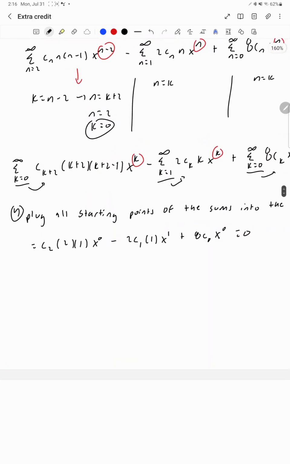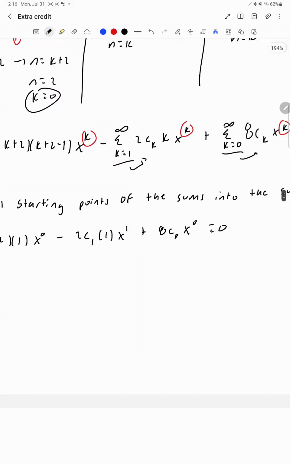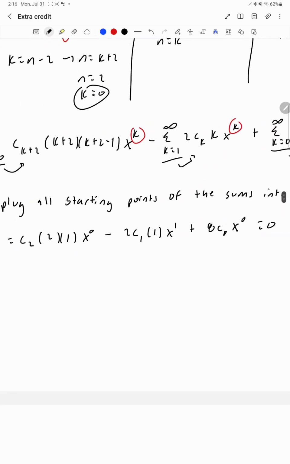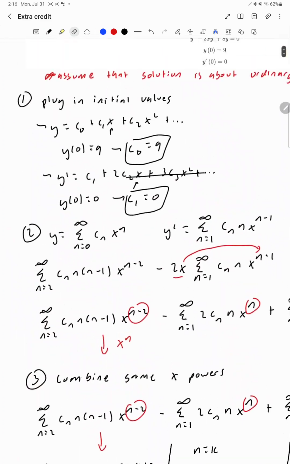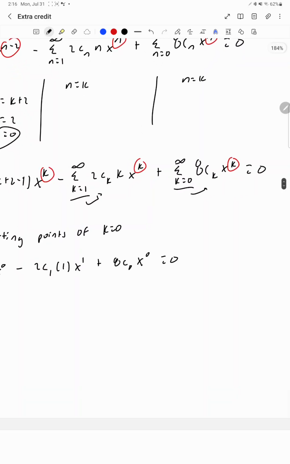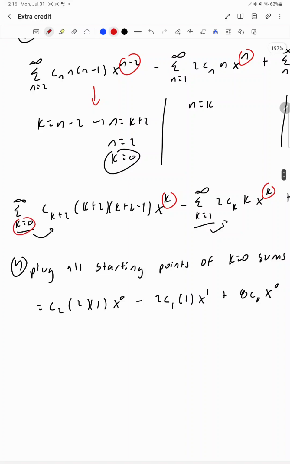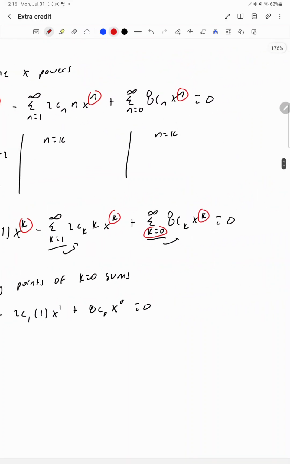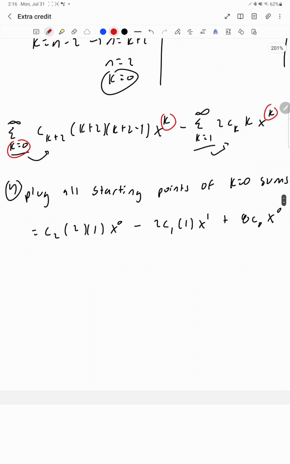Oh wait, actually, sorry, I'm looking at my solutions right now, and we're just gonna plug in k equals 0. Plug all starting points of the sums with starting points of k equals 0. So for all the sums that have k equals 0, we're going to plug in k equals 0. So then we can get C2 and C0 for the coefficients.